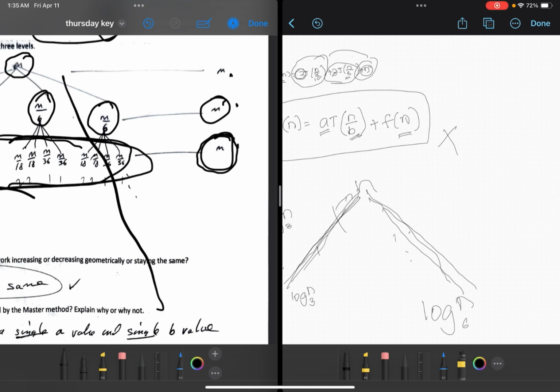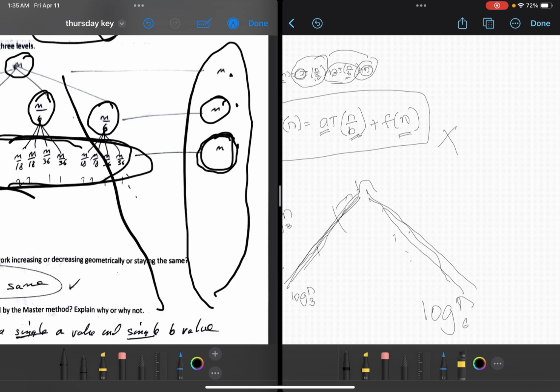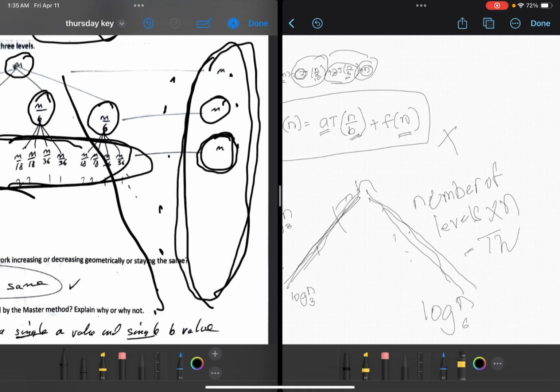So if we want the total work done throughout this whole span of the tree, we need to understand how many levels there are, and multiply the number of levels into n to get the total work. But the left side is log n base 3 and the right side is log n base 6.